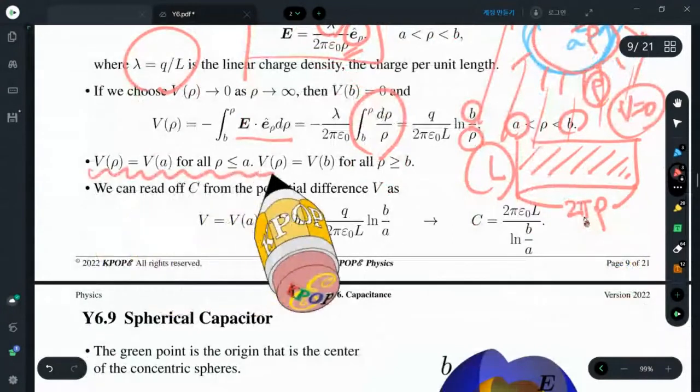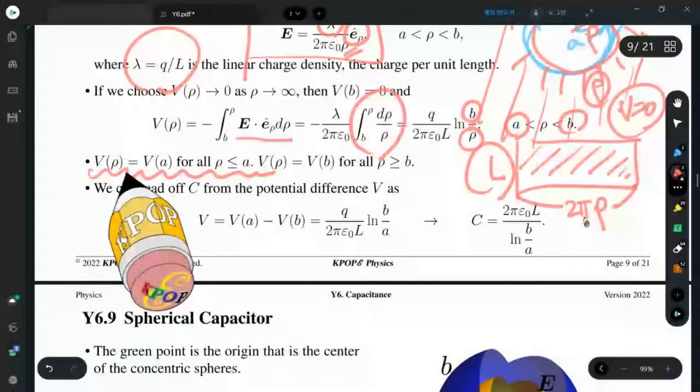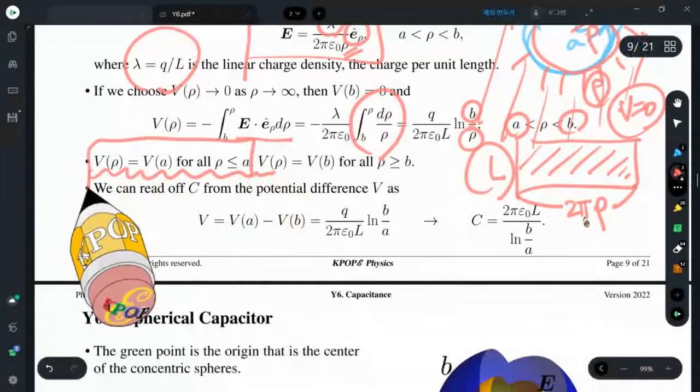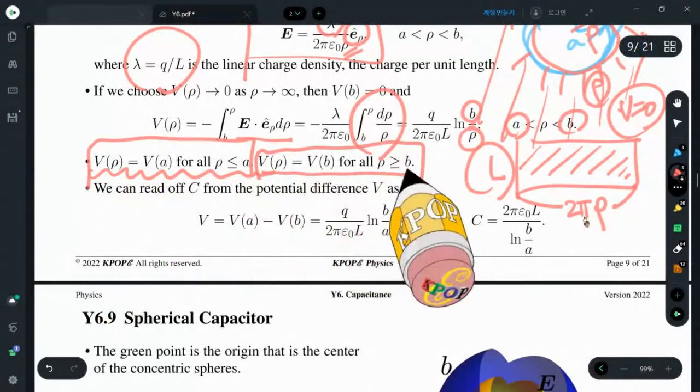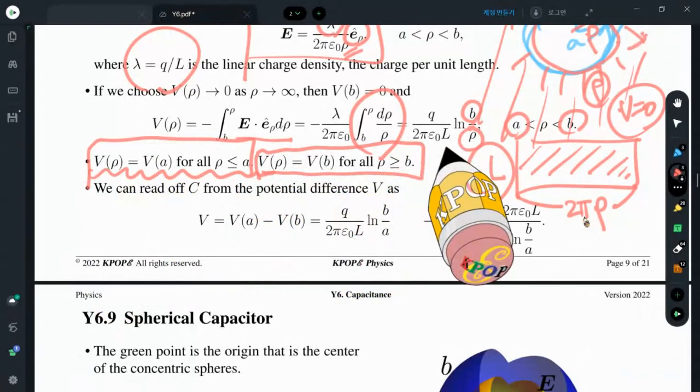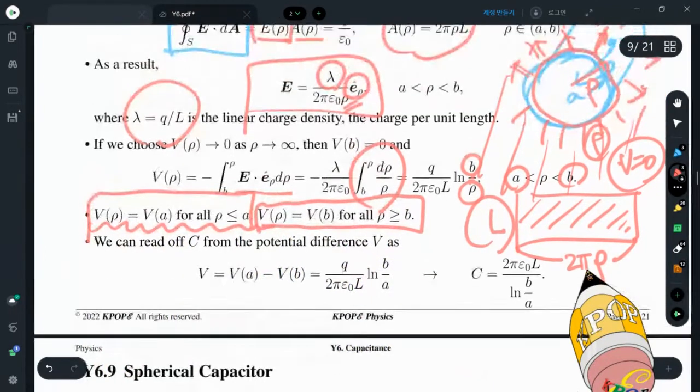We have a condition. Inside the inner cylinder, it should be frozen. Outside the outer cylinder, the potential is also fixed to a constant value.